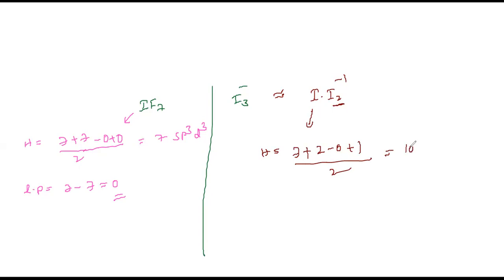That is 10 by 2, that is 5, so sp3d. Number of lone pairs equal to 5 minus the number of surrounding elements, 2. So here lone pairs are 3. This is the technique, so you can easily identify the hybridization of any molecule.